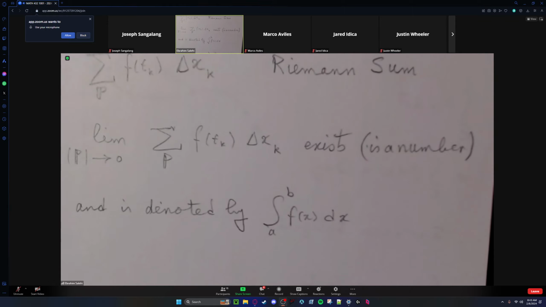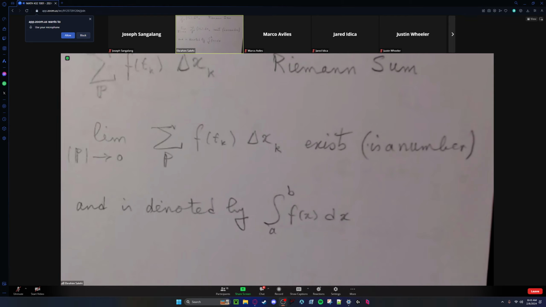Of course, we had a bunch of facts that can be proved easily, and you have seen them in calculus. One of those facts is the fundamental theorem of calculus, which correlates the idea of this definite integral and the concept of antiderivative.